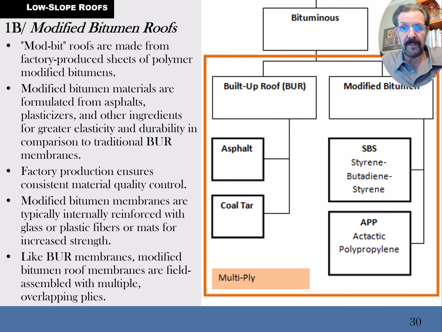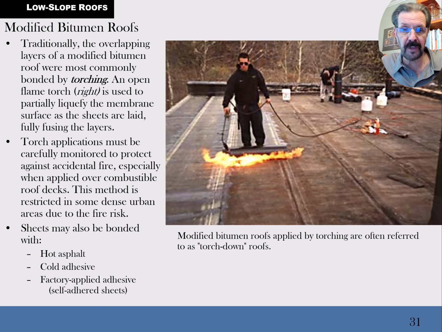Now on the mod bit form, it's a similar material. You're talking about asphalt being melted down to the roof, but it's already embedded in a roll of material. So the best thing is for me to show you a picture of it. Here they've literally got a roofing paper or membrane that has asphalt embedded on it. Then they're heating the asphalt with that big old torch and rolling that roll out.